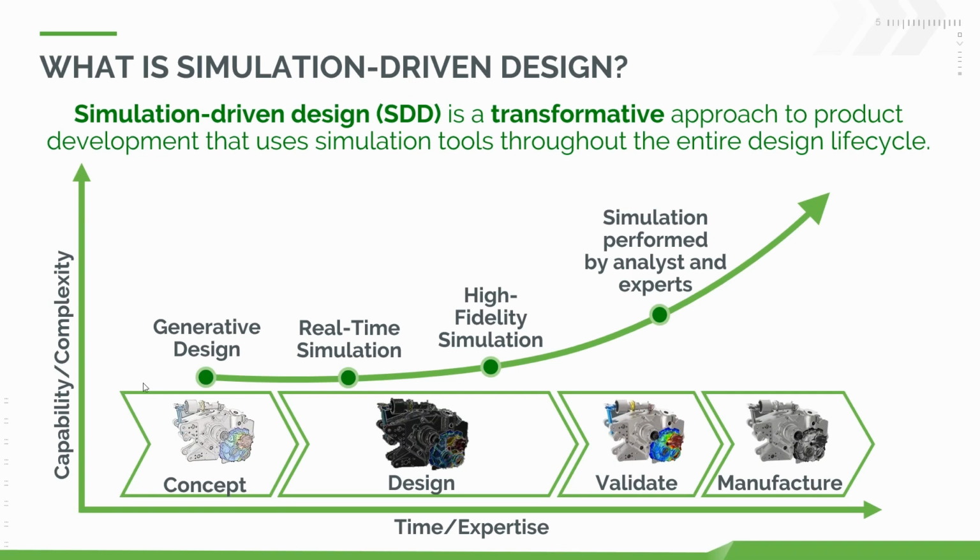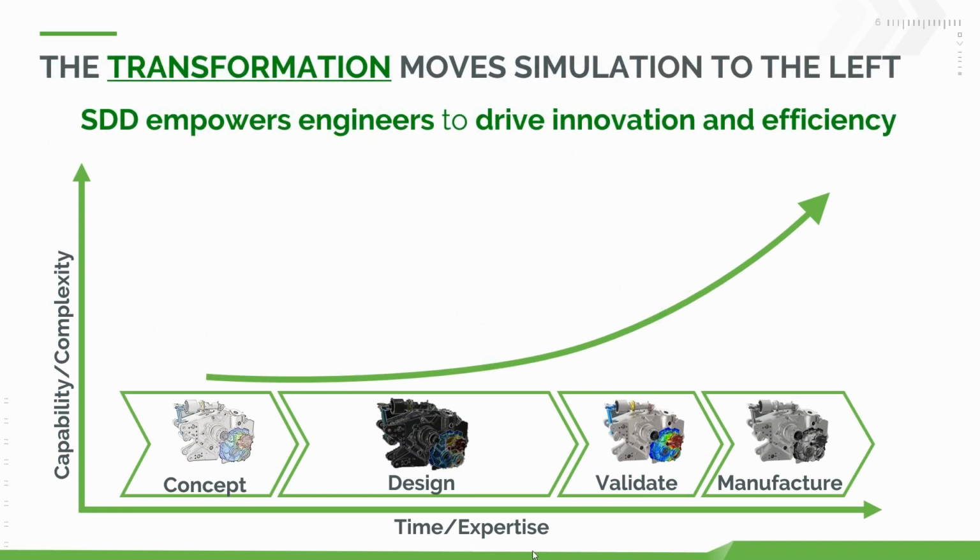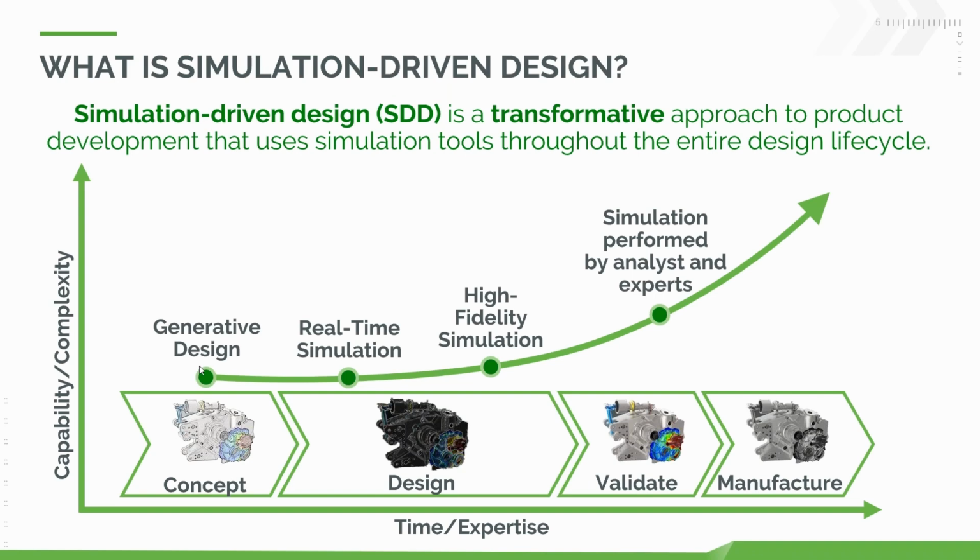This chart is pretty useful. The y-axis here is capability and complexity, and across here we're looking at time and expertise. Generative design, which we'll talk about later, is about using some AI to help come up with a design for us that we might then tweak according to our situation.